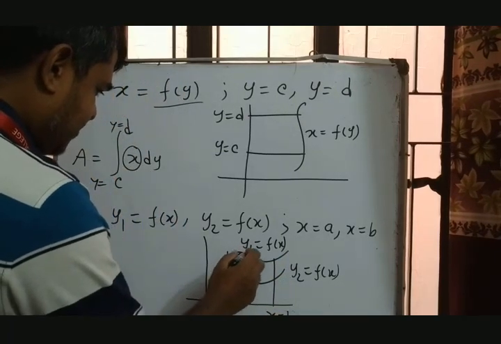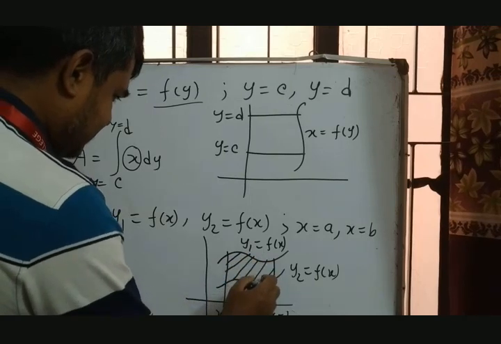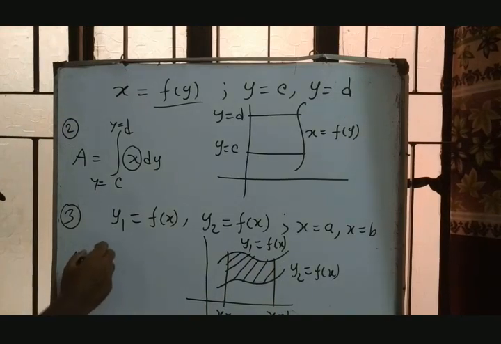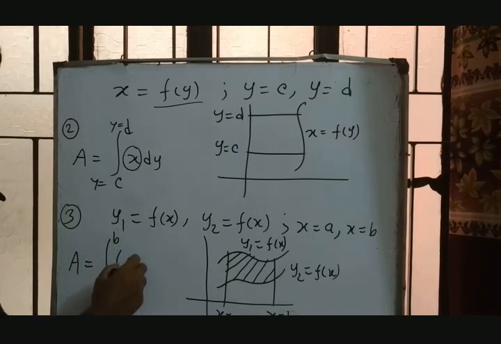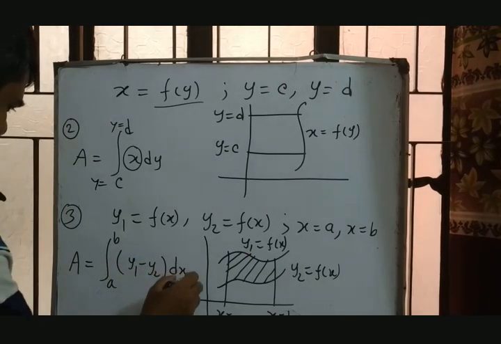So the required area is this. So you can find the area by using this formula. A is equal to integral over a to b y1 minus y2 dx.